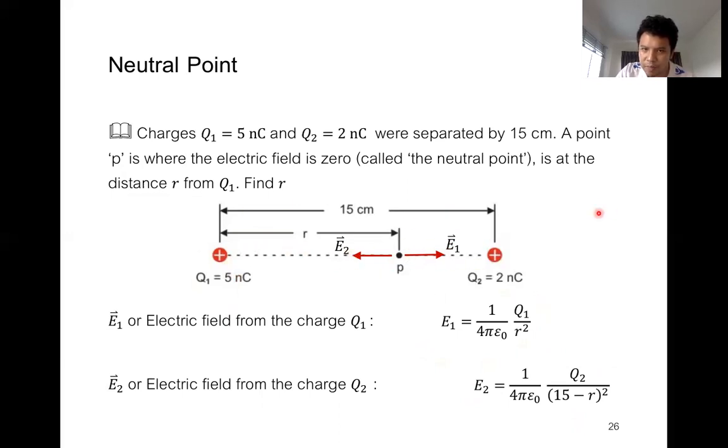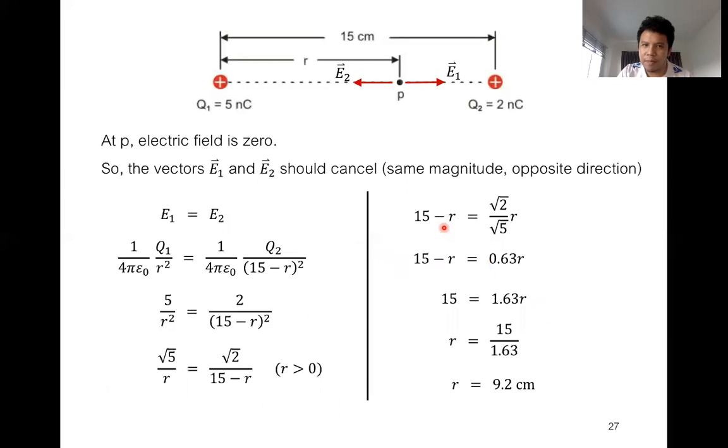Then we set E1 equal to E2, because the directions of 1 and 2 are opposite, and if vectors with opposite direction have the same magnitude, they will cancel and you have 0.